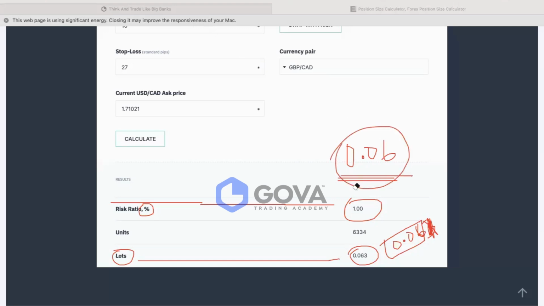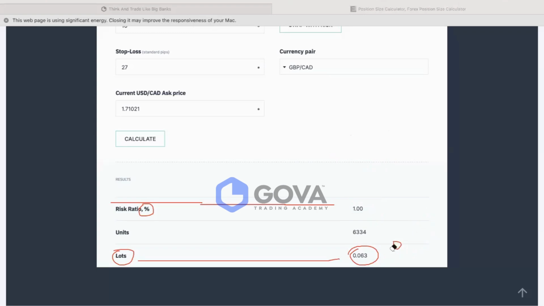So that is it, guys. 0.06 is going to make us lose a $10 amount on our account. Then we go into MT5 or MT4, and we input this figure 0.06 as our lot size for a buy trade. This trade is going to be a buy limit trade.